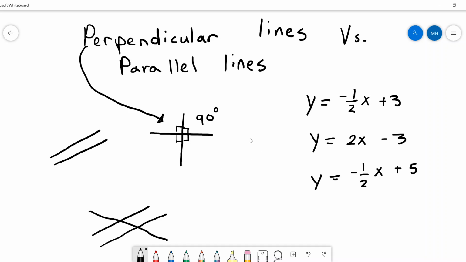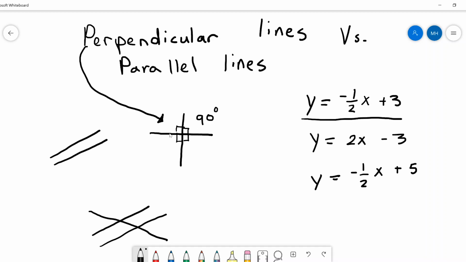So first, perpendicular lines you'll probably be using a lot in figuring out the perpendicular line to an equation. Say we have this equation here, and the question will be, what's the perpendicular line to this equation?